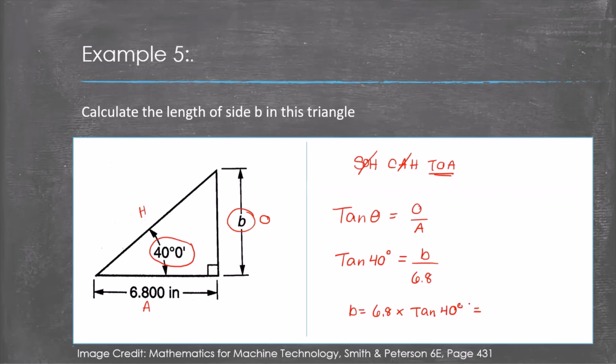Okay, take a moment, put that into your calculator and see what you end up with. Don't forget, if you're putting it all in one line, so if you're doing 6.8 times 40, pressing the tan button, you should also press equals after that.